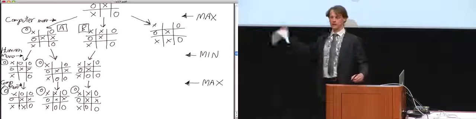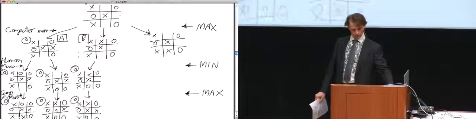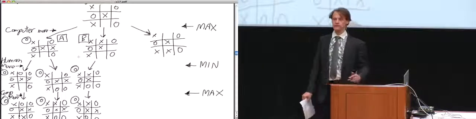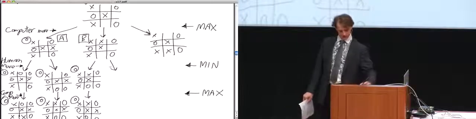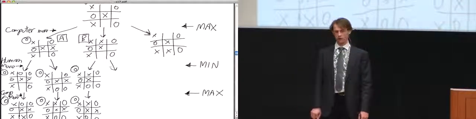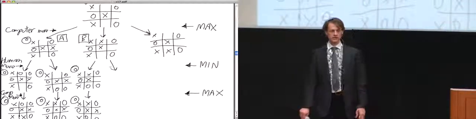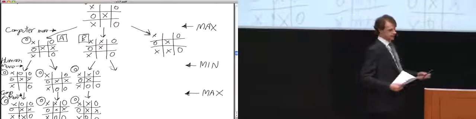So this grid gets a score of 0. Its parent grid gets a score of 0, the maximum of its children. And now, well, we haven't expanded all of B's children yet. There's another child that we can look at, but we know something about B's score. We don't know everything about B's score, but we know B's score is less than or equal to 0.